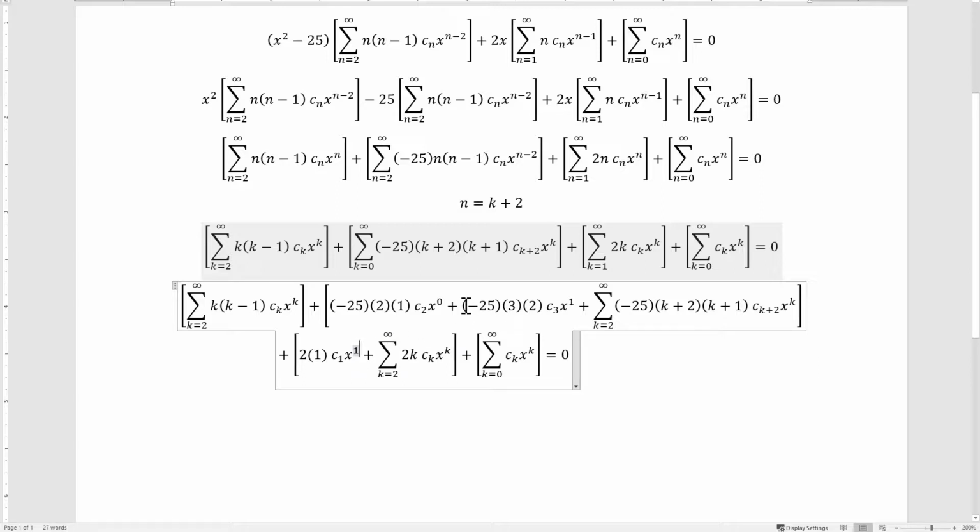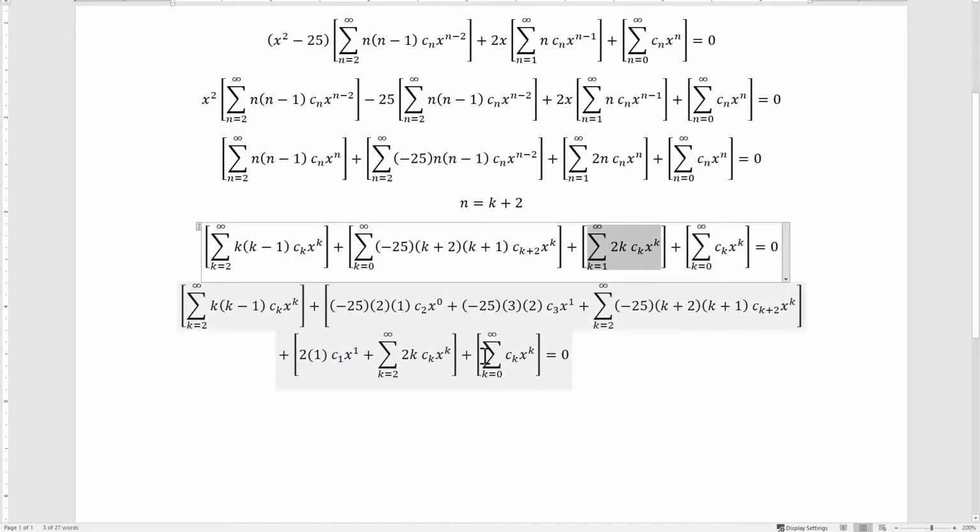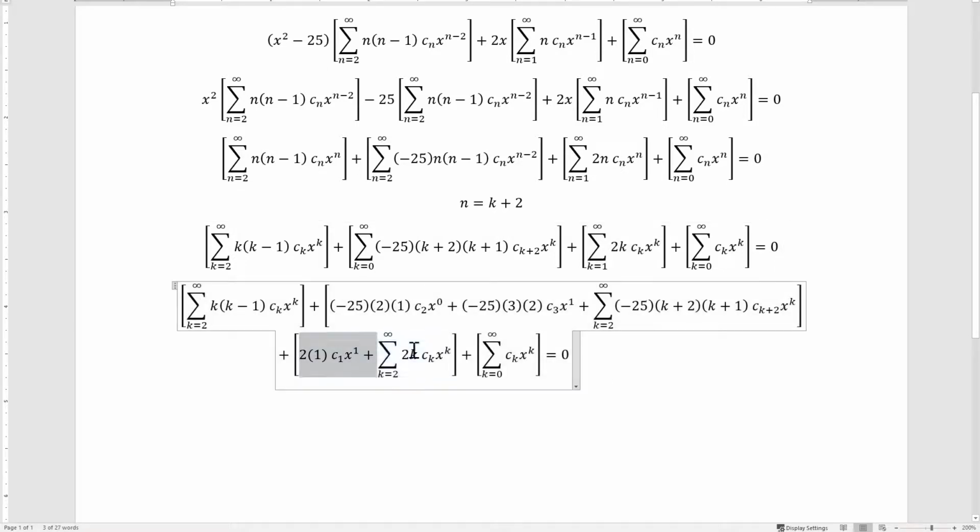So it looks like we're going to match these x to the first powers here, and then we'll see if there's any more that comes out. So that takes care of this series. This series that used to start with k is equal to 1 now has a series that starts with k is equal to 2 with the k is equal to 1 term pulled out.